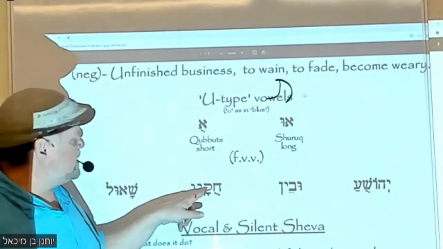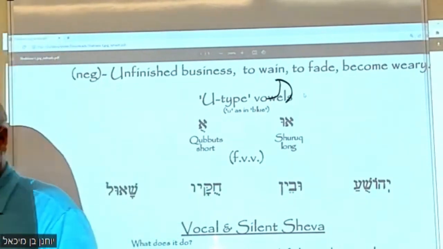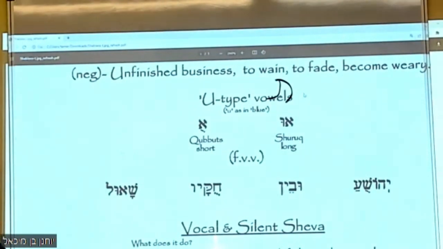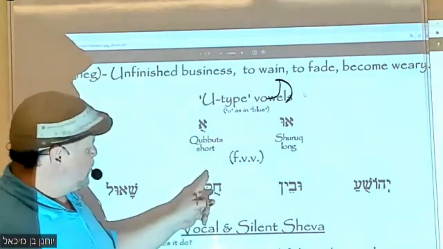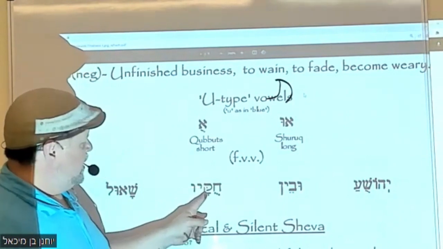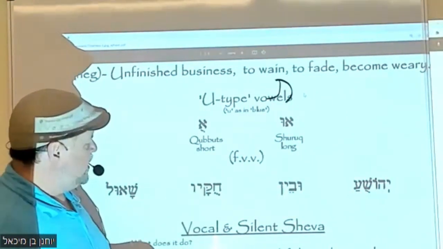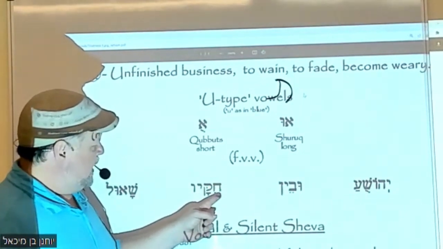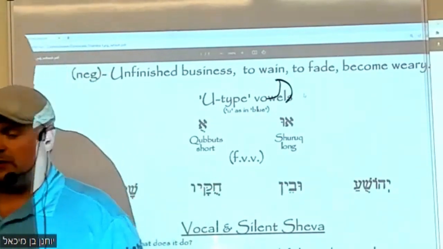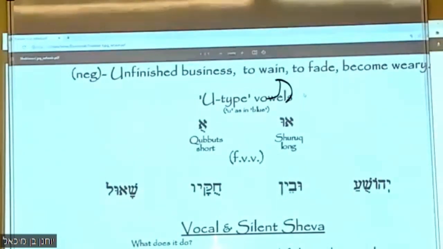So what is the dot telling us to do? If this is not a beged kafat letter, which it is not, it is telling us to double it. So if we drew an imaginary line through here, and we put a Q on one side and a Q on the other, that means we would take this hu and then stick a Q on the end of it. So how do we pronounce that?